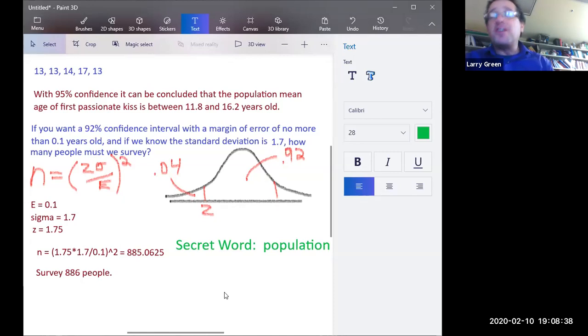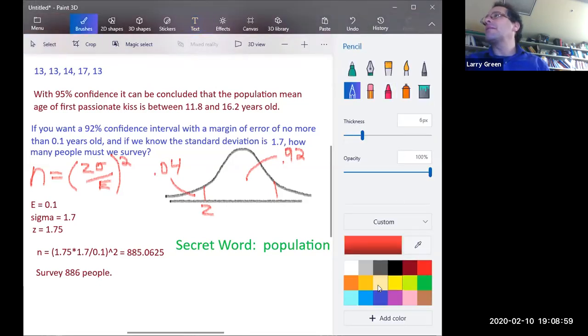And I will take off points if you forget that word population or don't refer to the population. With proportions, you could use all. For means, you need to have the word population. And you'll see I actually have that right there. That's always going to be in the sentence.